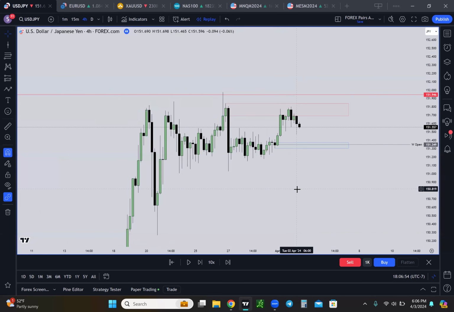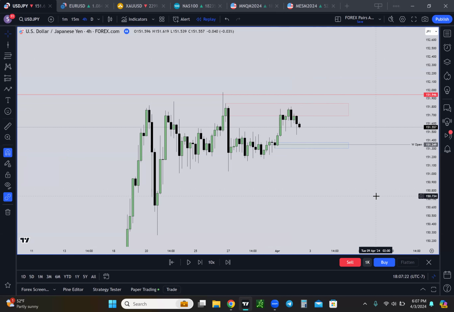The fundamentals behind USD/JPY are that, if the Bank of Japan does not intervene, the prevailing expectation is that this continues higher. The next level to reach for is this 152 level, and beyond that is 153. The Bank of Japan has intervened in the past, which creates big drops in this pair.